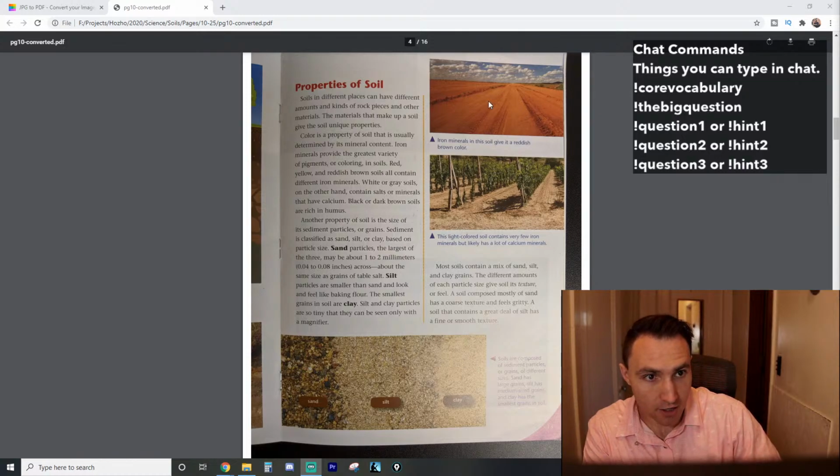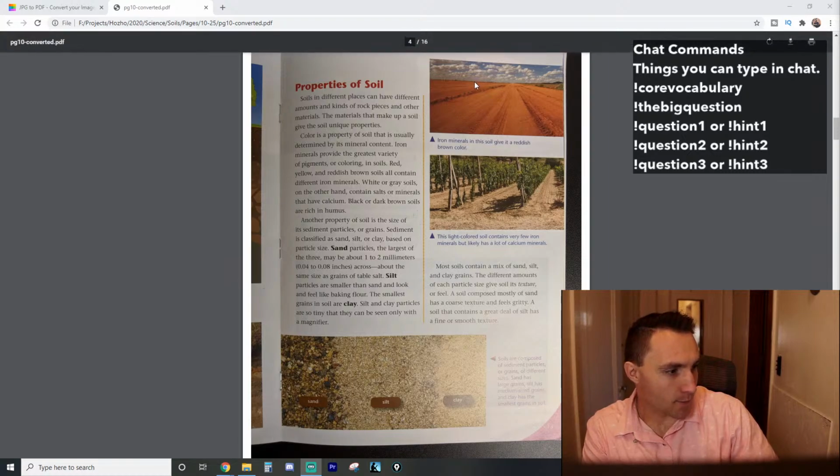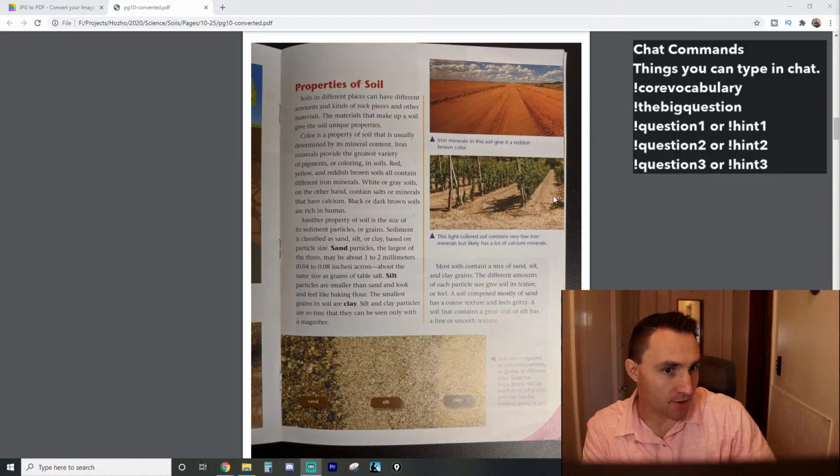What gives this soil its color? Anybody? Come on. Got about 4 or 5 of you guys here. Can one of you guys answer what gives this soil this reddish brown color? Something that this soil doesn't have. The bottom picture. This bottom right picture.